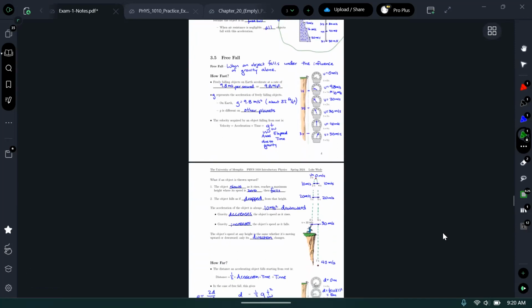Free fall: questions involving this idea that your velocity changes by about 10 each second. So if I throw a ball upward at 30 meters per second, how long does it take to reach the top of its path? That one's not rhetorical.